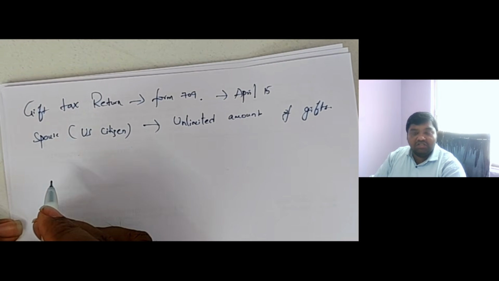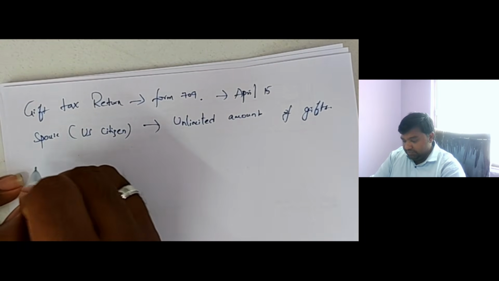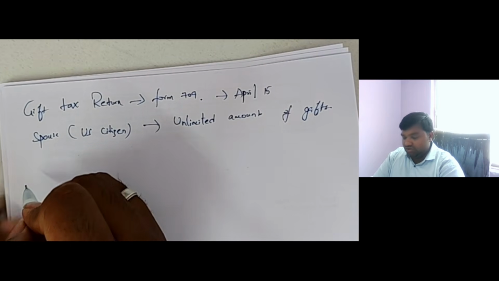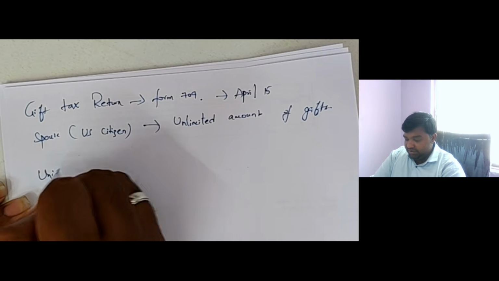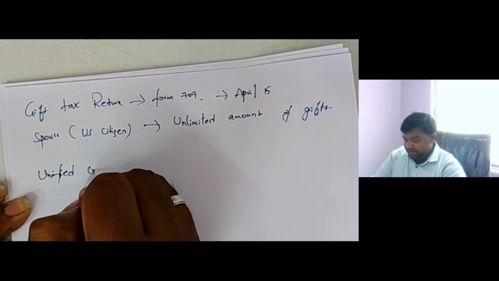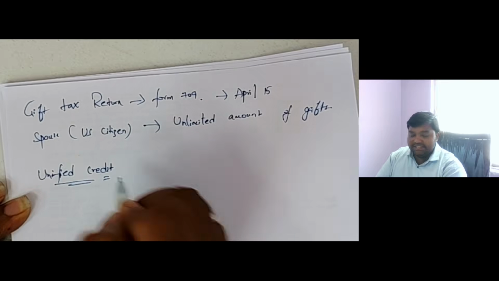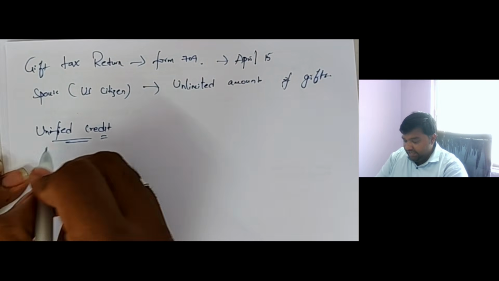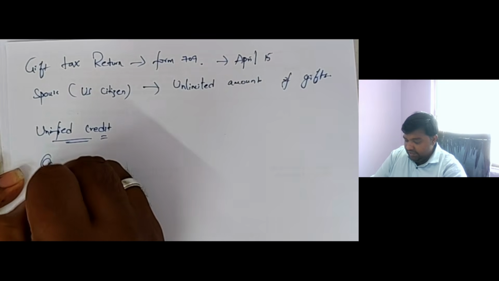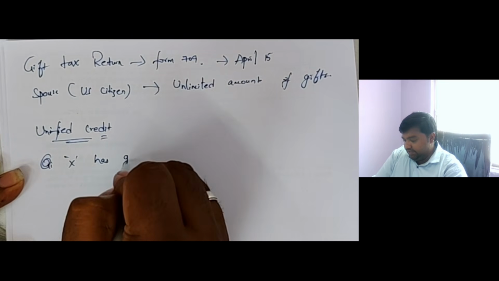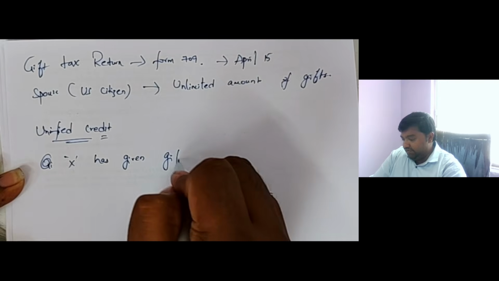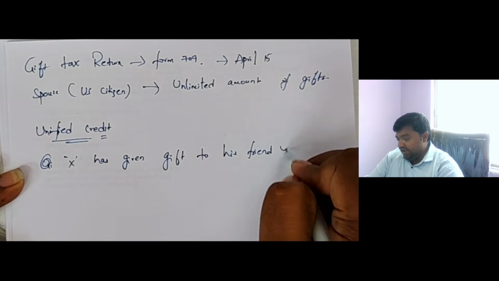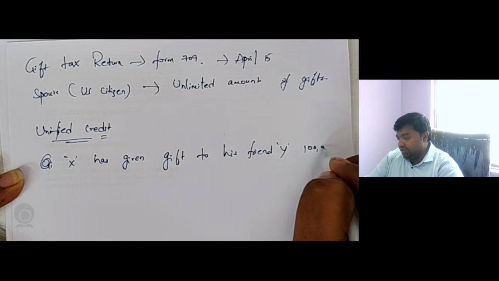Now there is another concept of unified credit. So what is this concept of unified credit? I will explain with an example so that you will understand this. Let's say X has given a gift to his friend Y of 100,000 US dollars.